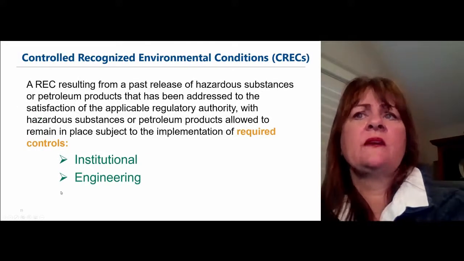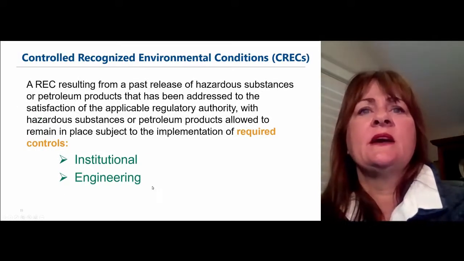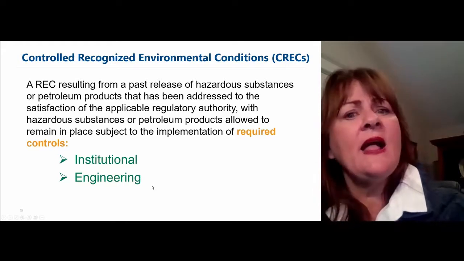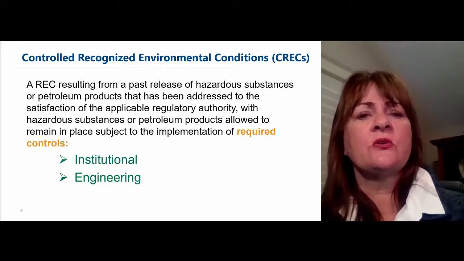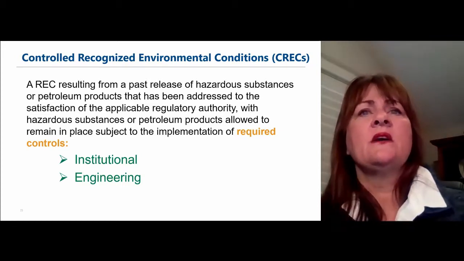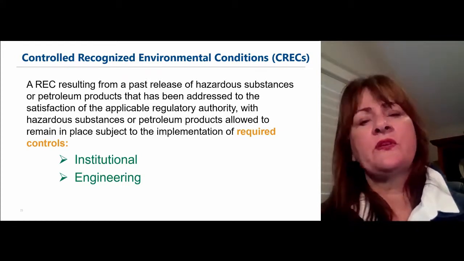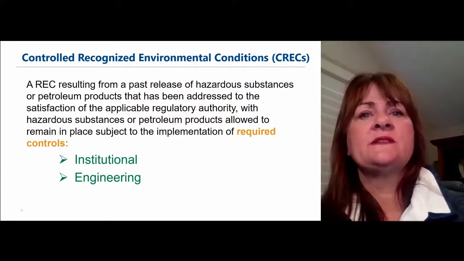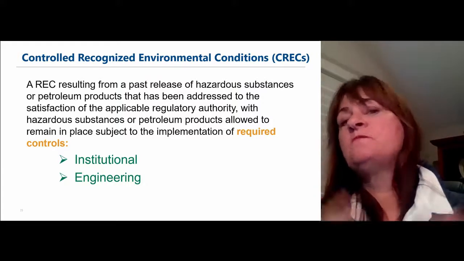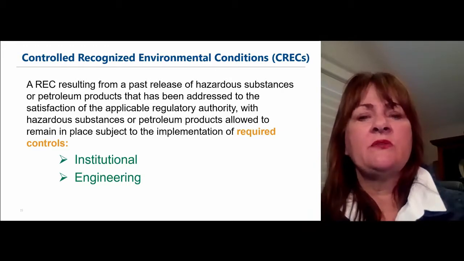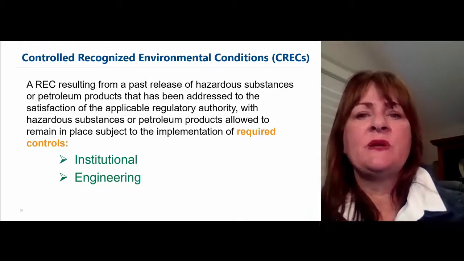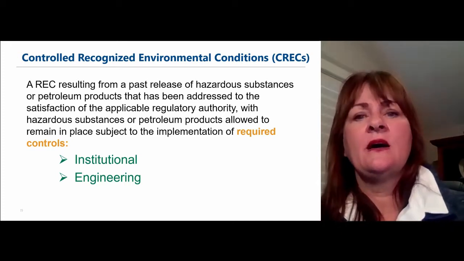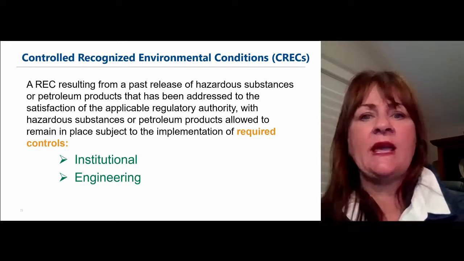And then a controlled recognized environmental condition is a condition that still exists on the site, but because it is being managed either as an institutional control or an engineering control, it's not causing human health or environmental effects. For instance, an institutional control could be don't drink the groundwater. Maybe you've got some groundwater contamination on the property, but it has been memorialized in a property deed that says you can't drink the water.